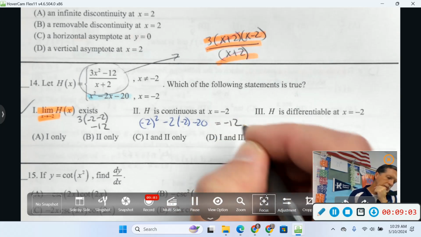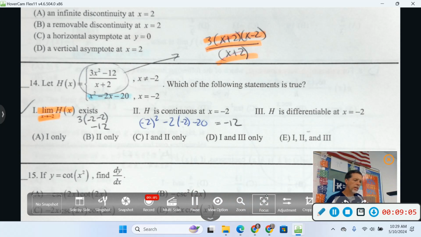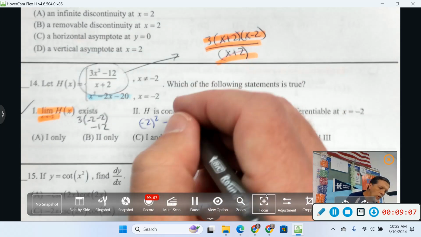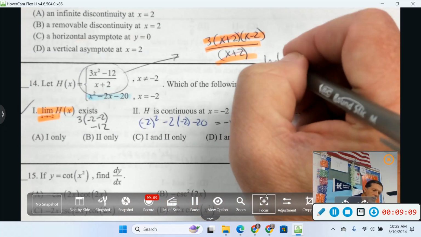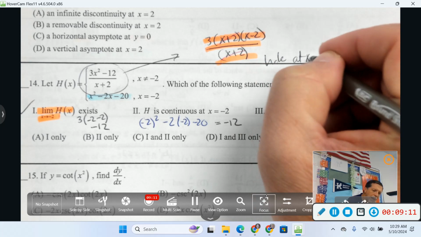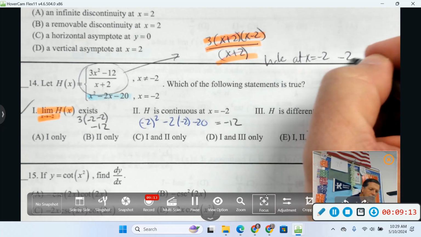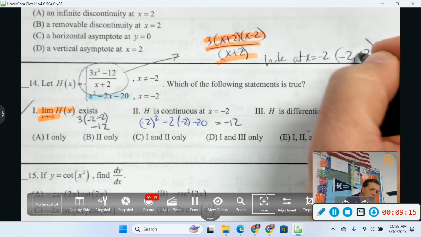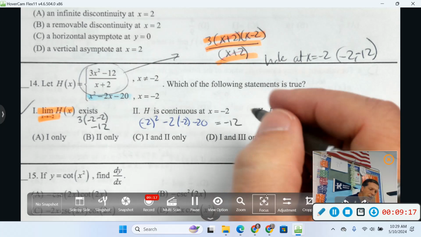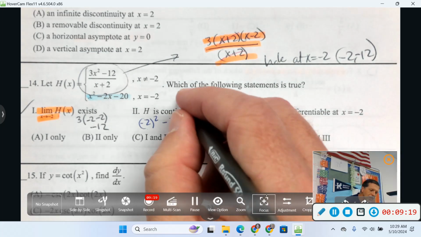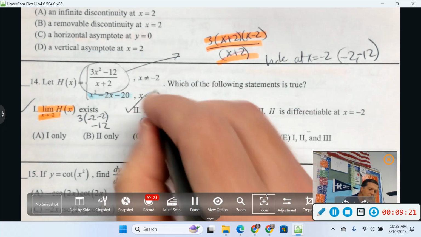That would be negative 12. So yes, the hole is filled. So the top one says there's a hole at x equals negative 2, and in fact it's at negative 2, negative 12. This bottom one fills the hole at negative 2, negative 12. So that one's true.